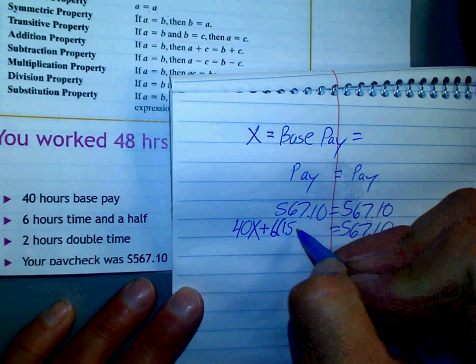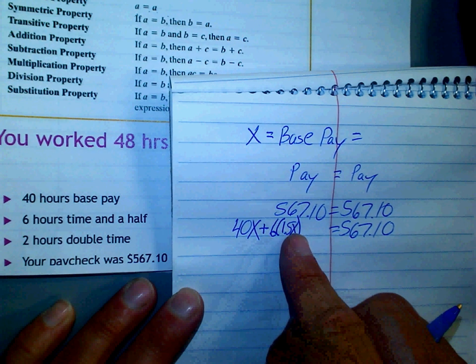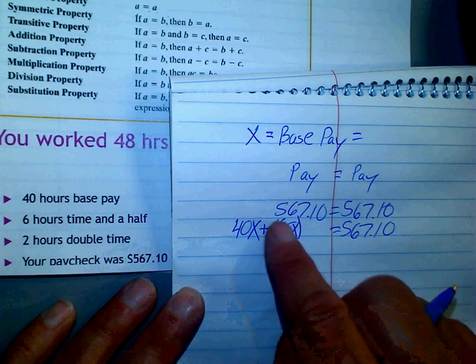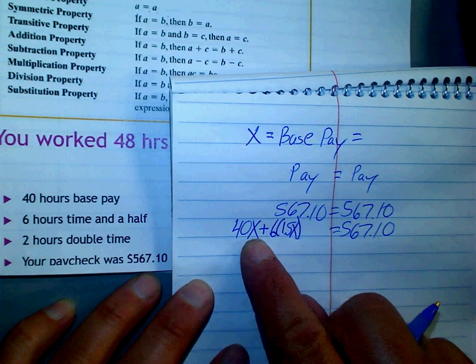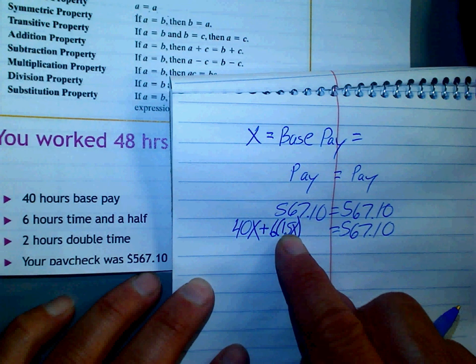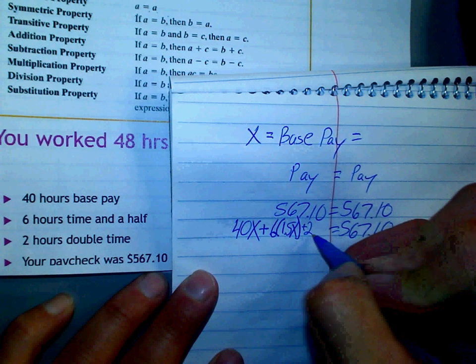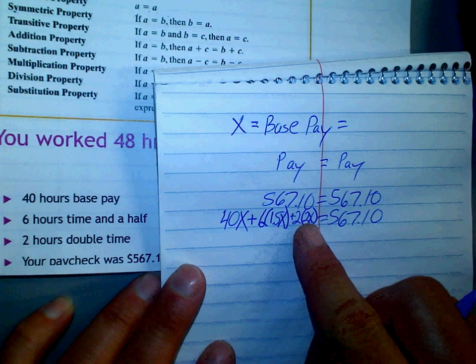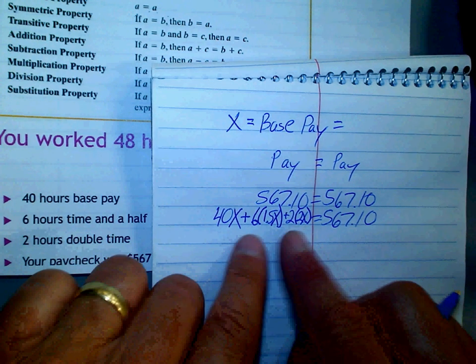Because if I take it times 1.5, that's 1.5 times. So now we got our 40 hours at just x, 6 hours at 1.5x. Almost there. And then two parentheses, 2x. Yes, 2 hours at double the pay. That's a 2x. This expression should equal that.